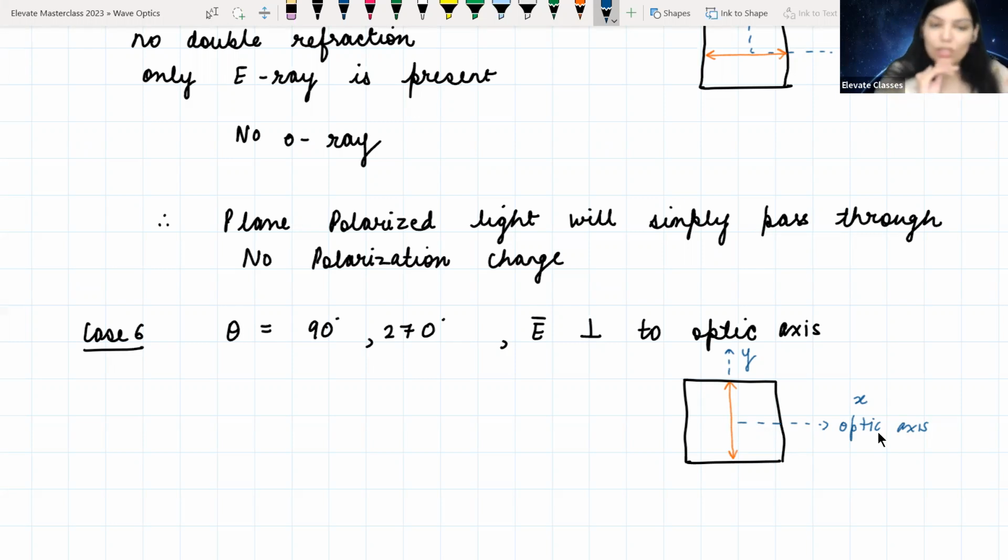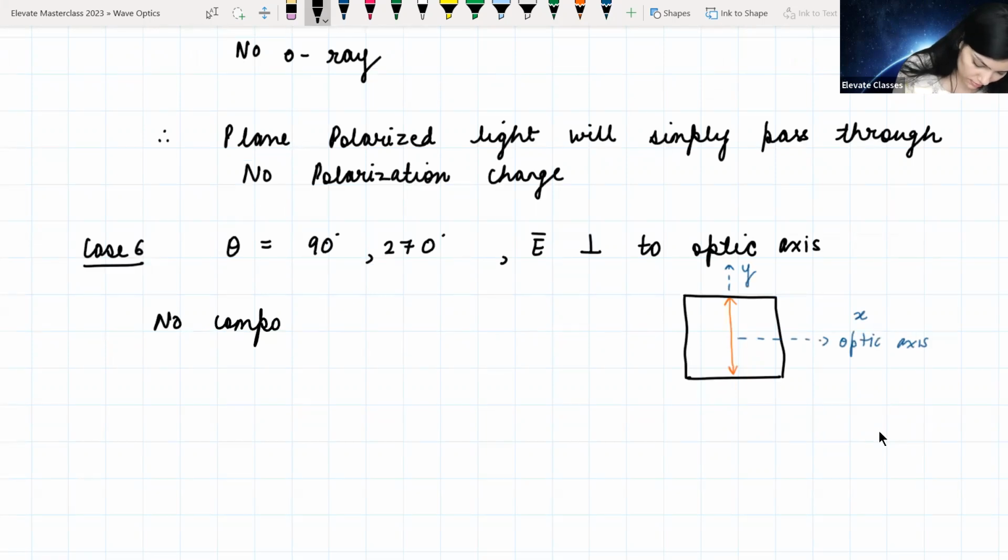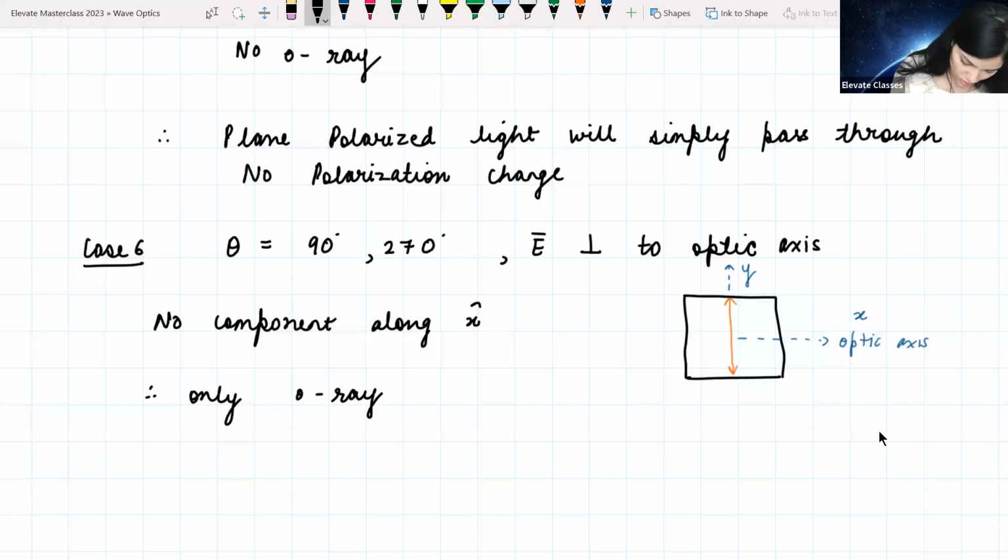तो जब भी polarization change करना है, we need 2 components जिनके बीच में I will introduce some phase difference. So here I will have no component along X. Therefore, only O ray is present. So no change in polarization.